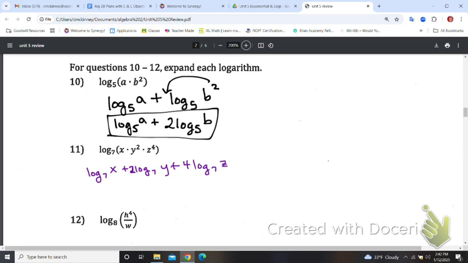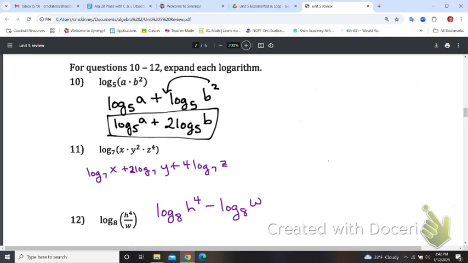Now, fractions indicate what operation? Division, that's right. And division goes with subtraction. So h is going to get a log base 8, and w is going to get a log base 8. Oh, base 8 for w, sorry.